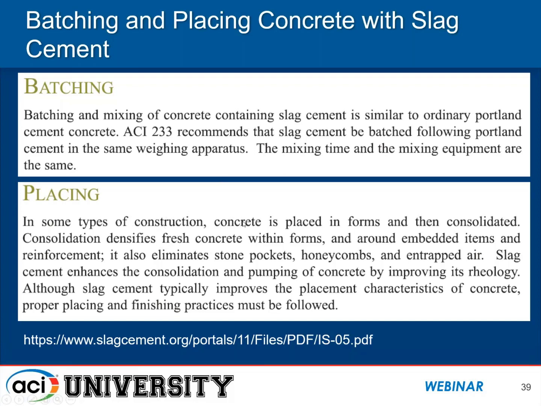In terms of placing, you want to make sure the concrete is placed properly regardless of what's in it. Slag typically helps the viscosity or fluidity of the concrete and enhances the consolidation and pumping of concrete. Even if the slump doesn't change, often it's easier to pump. And if you want more information, I've included the link to the Slag Cement Association website here.